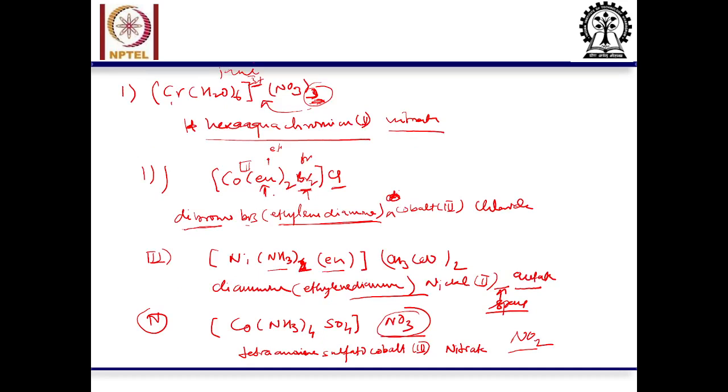We write dibromo, then ethylenediamine. Ethylenediamine already contains di, so for this we use bis, tris, all those things. Not for bidentate, tridentate. We use bis, tris if the ligand itself contains di, tri, tetra. If two such ligands are joined to the metal center, we write bis; for 3 we write tris; for 4 we write tetrakis, like that. Got it? Not like bidentate, tridentate, all these things.